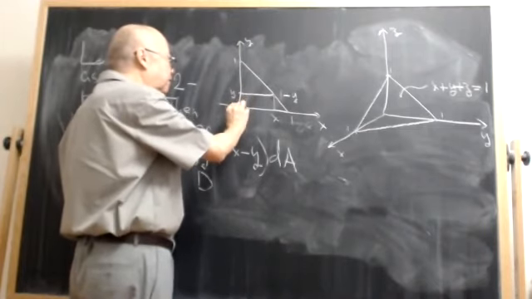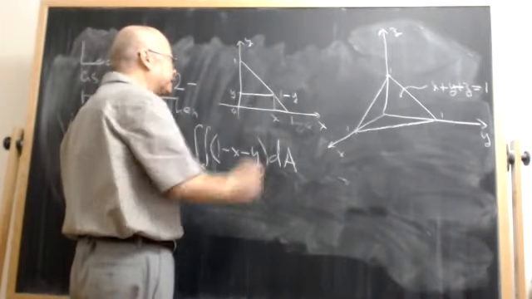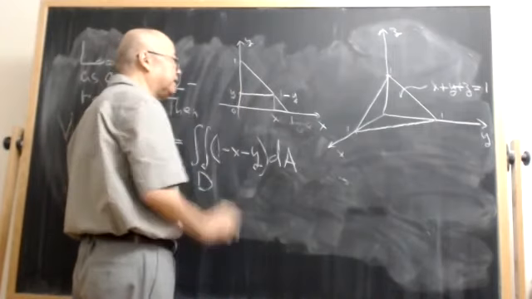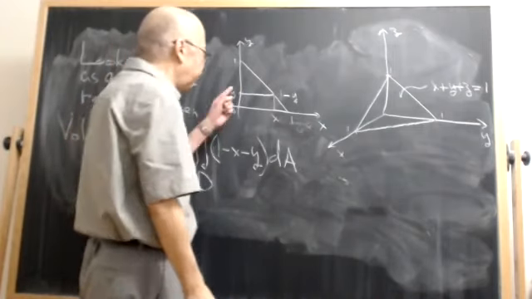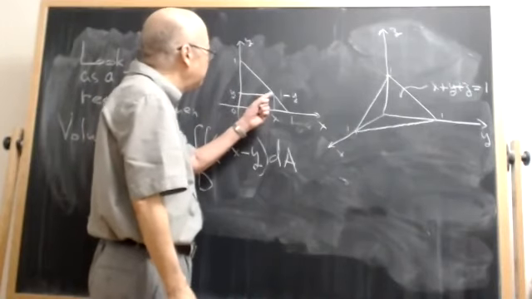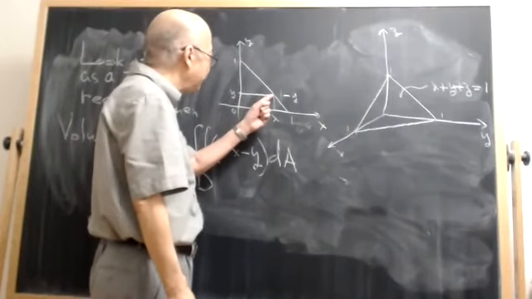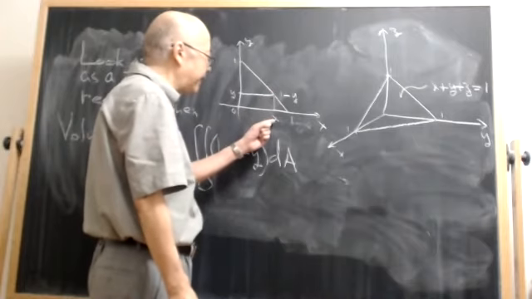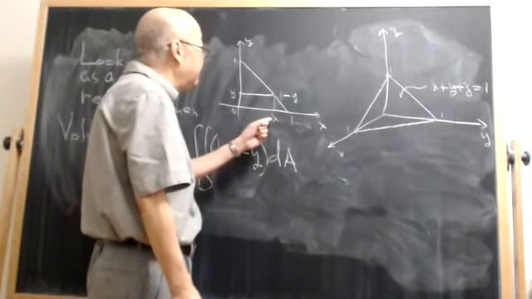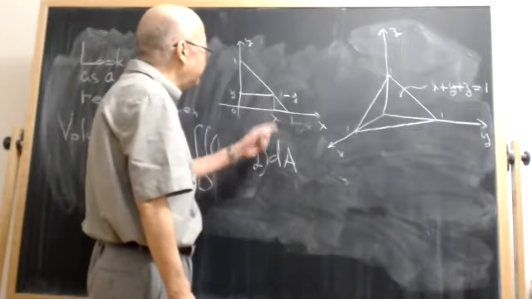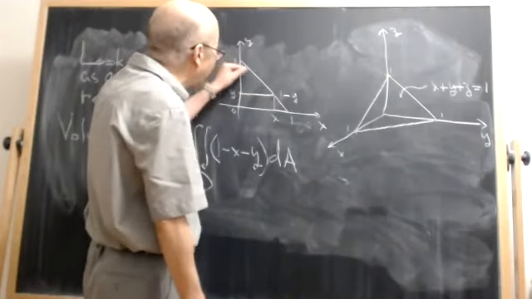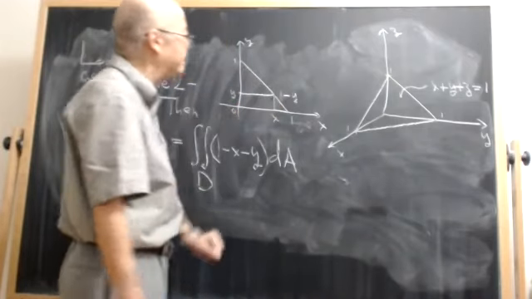The x corresponding to this is 0. You go from 0 to this point, and this point is x. And then we know that x plus y is equal to 1 because of this line.